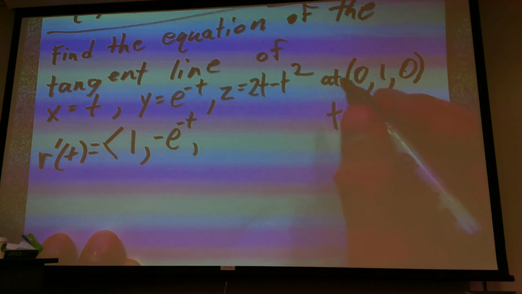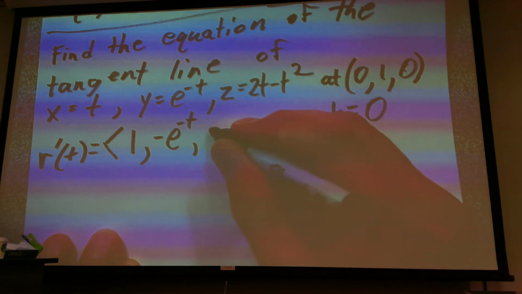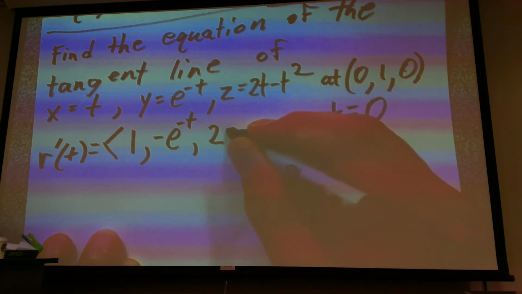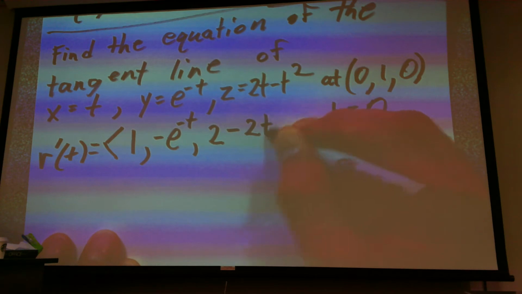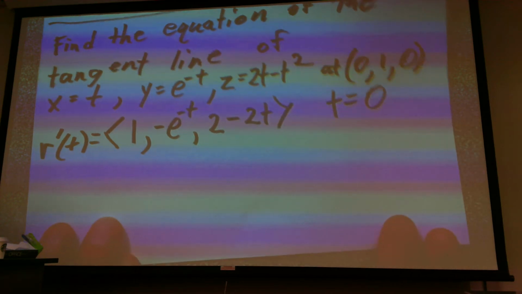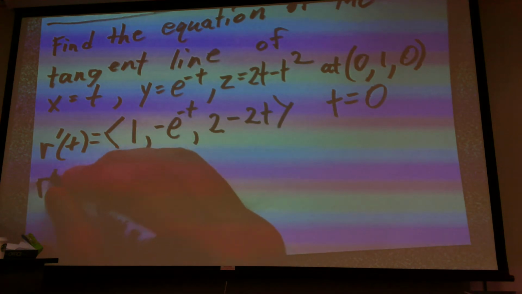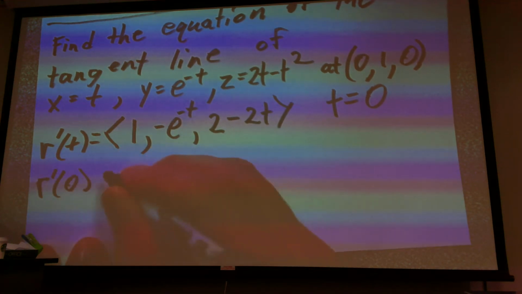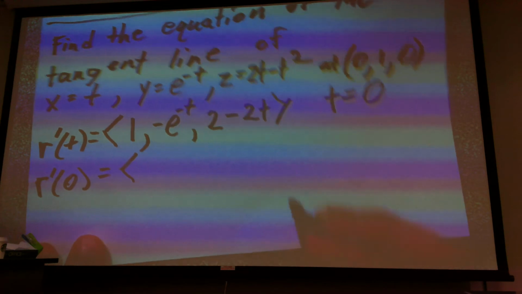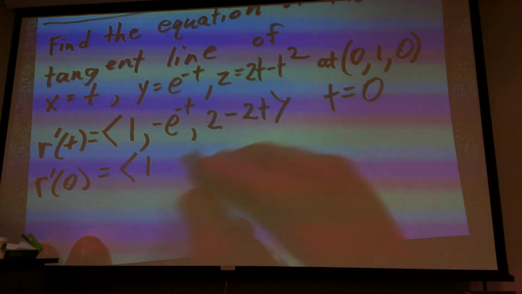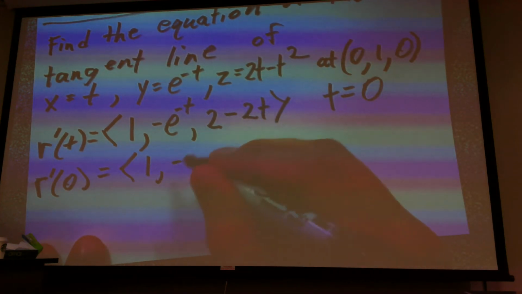And this would be, okay, derivative of 2t is 2, derivative of t squared is minus 2t. Okay? So, r prime at 0 will equal, well, e to the 0 is 1, but it's negative, so that's going to be a negative 1.